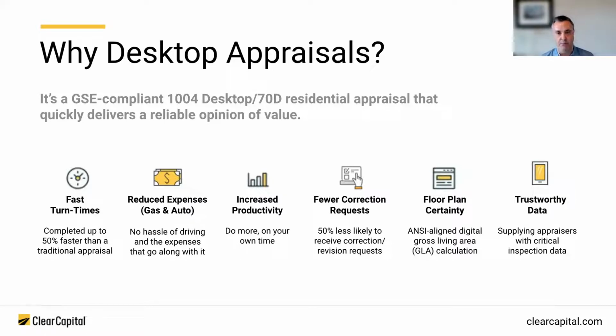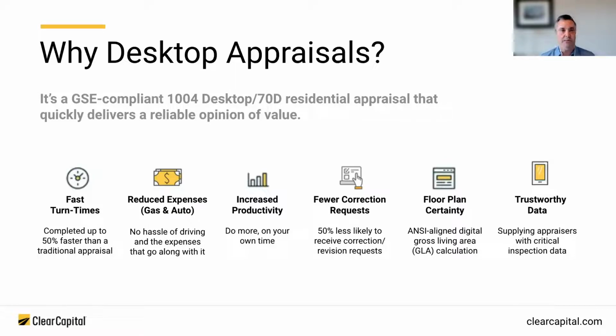You can complete them anywhere, regardless of where you're physically located. As long as you have geographic competency in that market, you can go on vacation and still keep your business going and crank a few of these orders out. Although I wouldn't encourage it when you're on vacation, but it's possible. Again, as long as you have geographic competency in that market, these can be completed from your desk, wherever that location is.